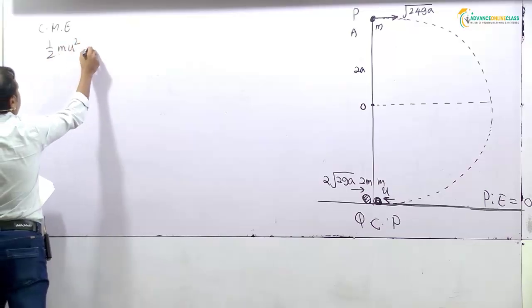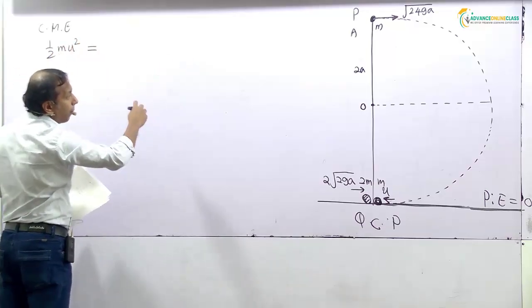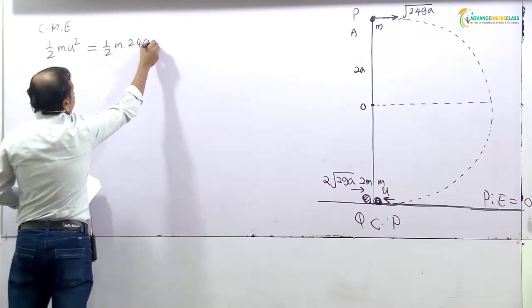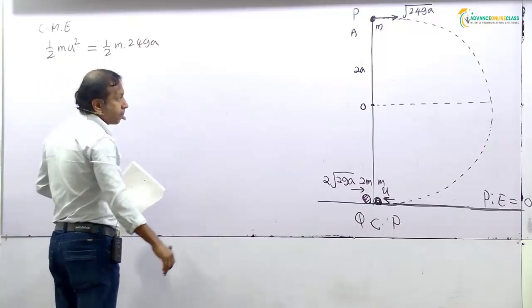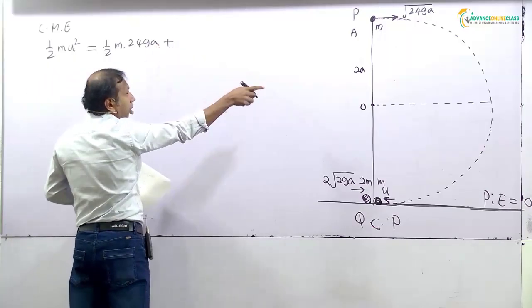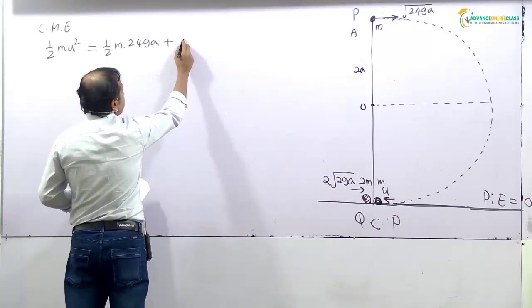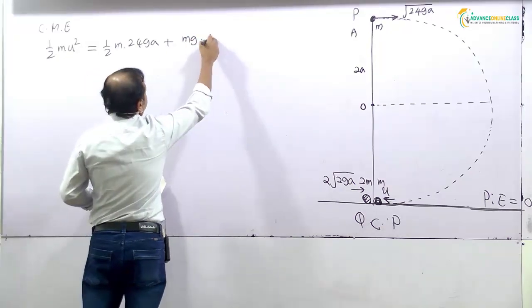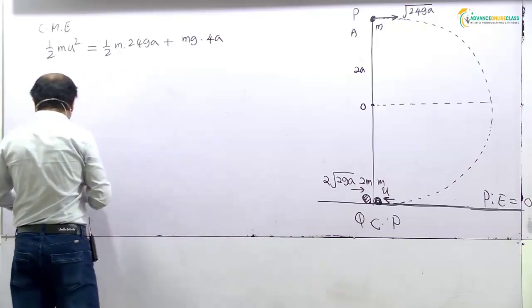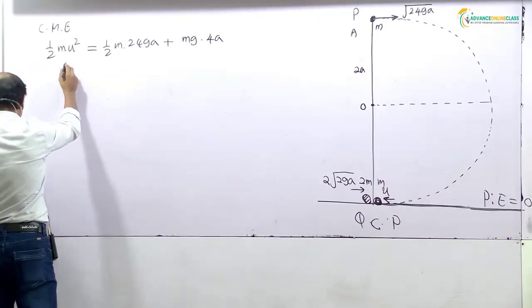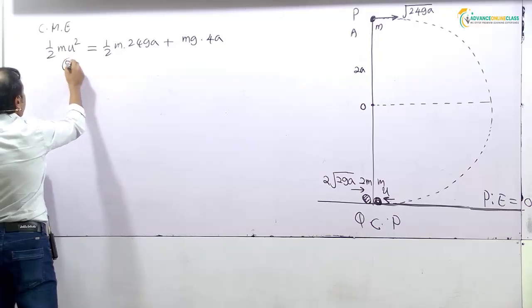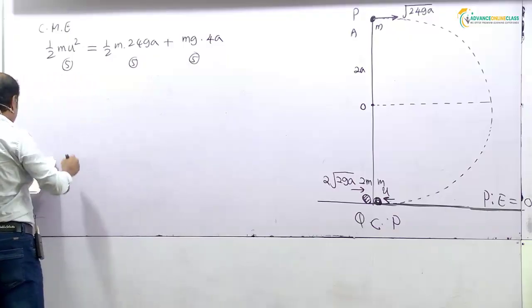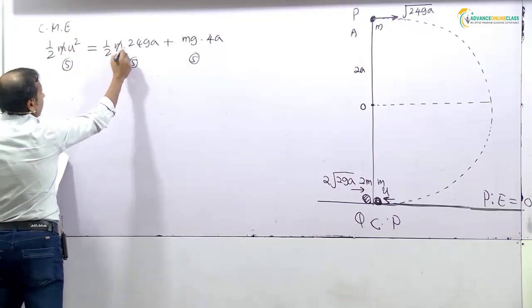Half mu squared equals, over there, half m velocity squared means 24 GA, and potential energy mgh, mg height means 4a. Right. Then marks come in here. 5 marks for this. 5 marks for this. 5 marks for this. M you can cancel down.